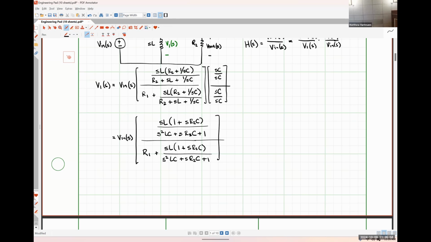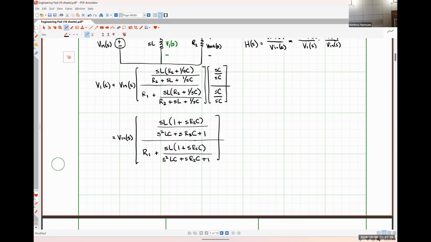Okay. So what I can notice now, and I guess this was true in the previous step, it was just ugly, so I didn't like it, is that the denominator of my numerator is the same thing as the denominator of my denominator. So it would be really beneficial if I could make this R1 term have a factor of this in it as well, so that I could lump things together and get rid of all of my denominators.